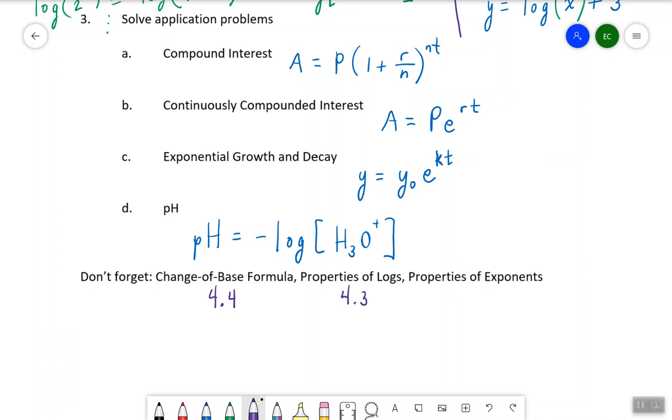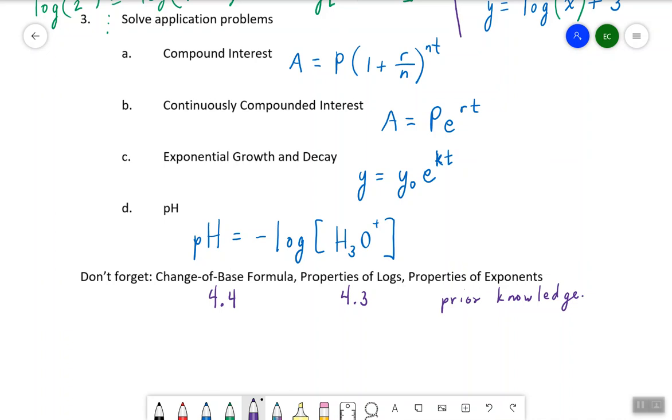And then the properties of exponents is prior knowledge that we tried to review as needed in section 4.2 and throughout the chapter. So definitely want to look back at the properties of exponents that you saw in the videos and that you saw used in the examples in the textbook and in your homework.